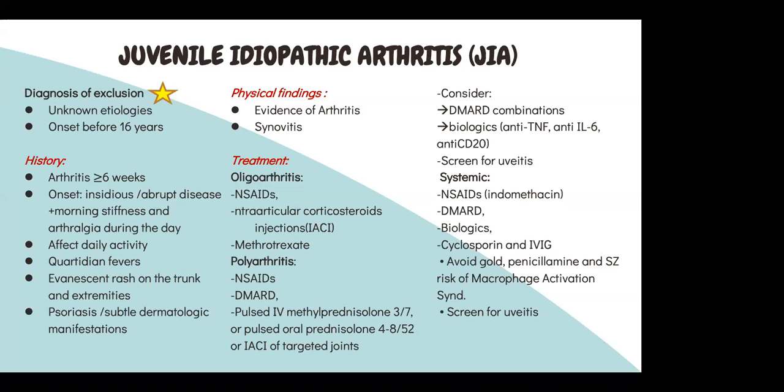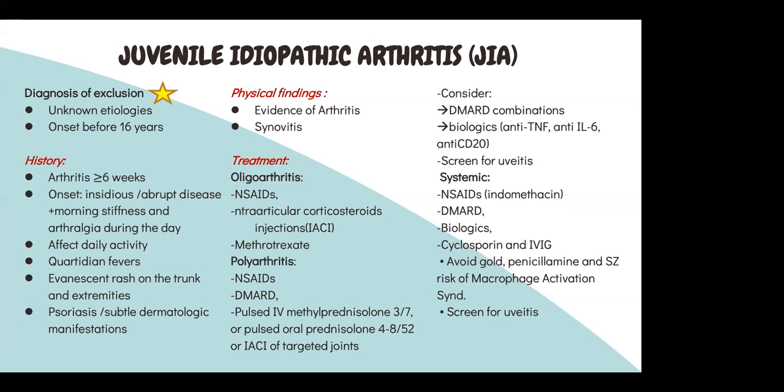The onset of joint pain is before 16 years old, and it persists 6 weeks or more. The onset, insidious or abrupt, can be either, with morning stiffness and arthralgia during the day.